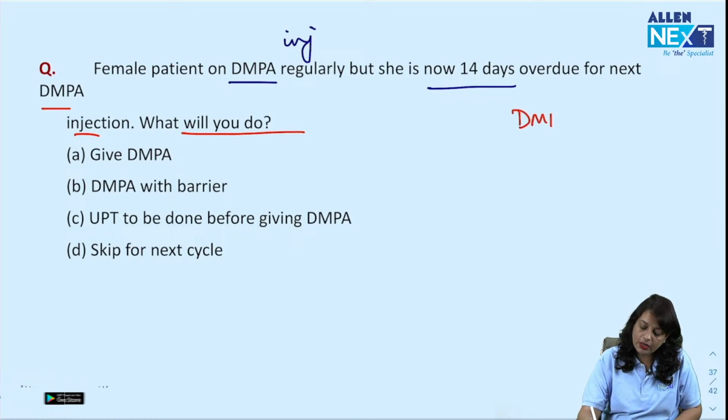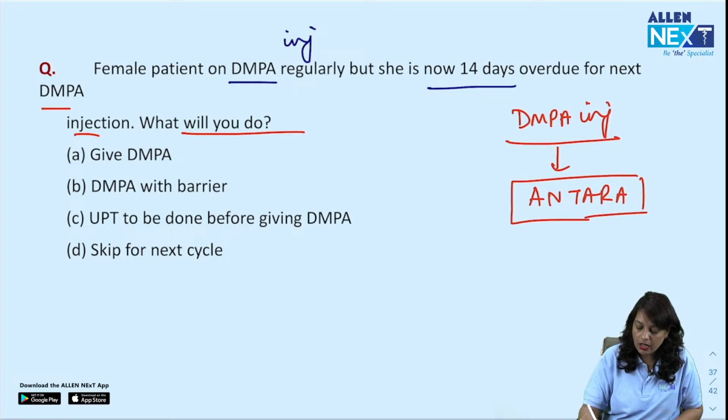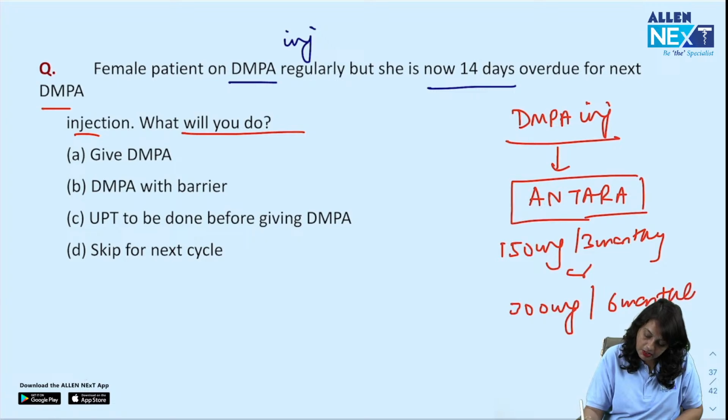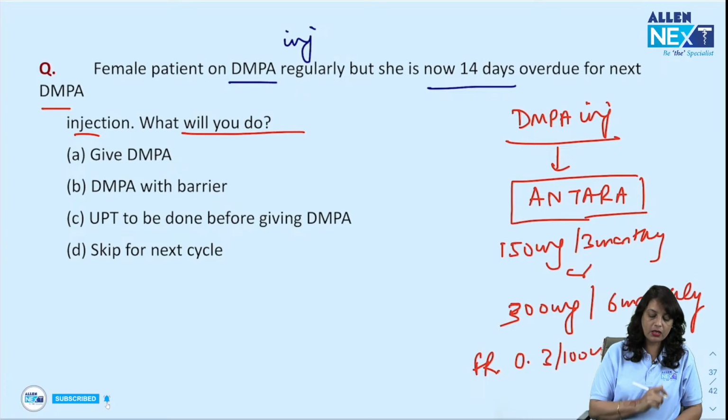The name of the DMPA injection available in the government sector is Antra. The dose is 150 milligram at 3-monthly interval or 300 milligram at 6-monthly interval, and the failure rate is 0.3 per 100 women years.